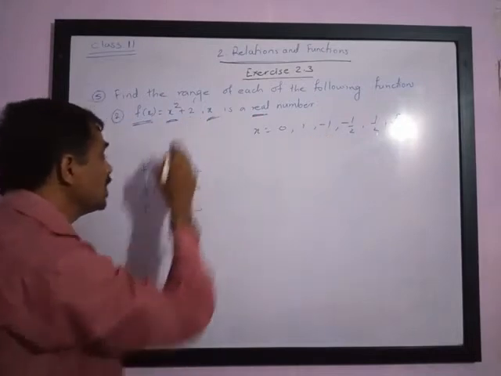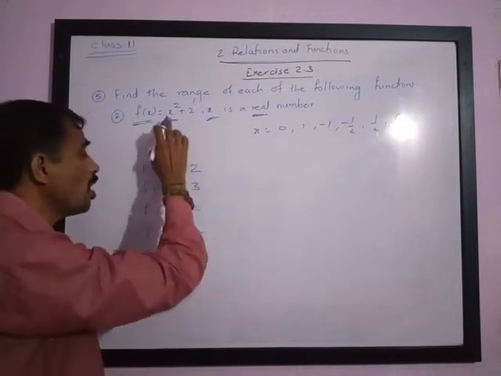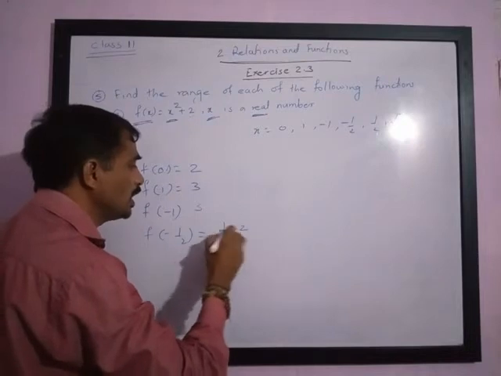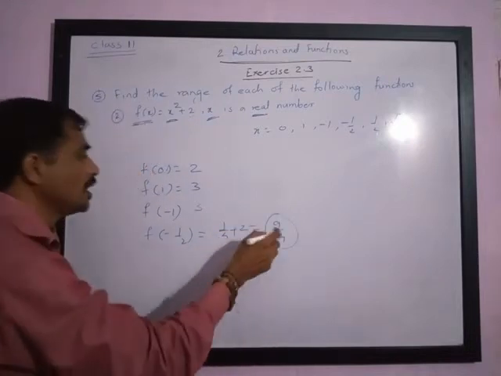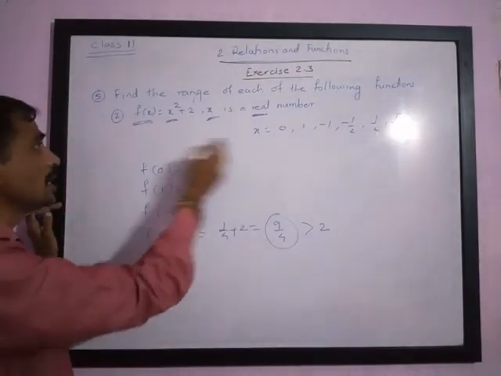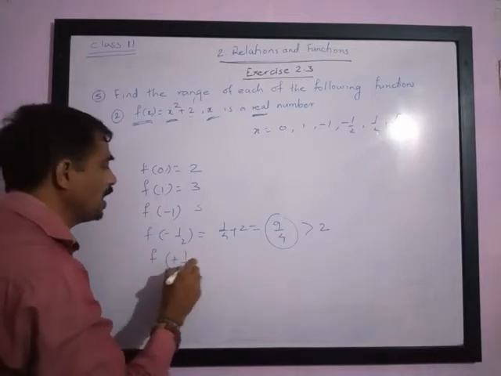If you take minus half, f of minus half will be, square of this is 1 upon 4. We will get 1 upon 4 plus 2, that is equal to 9 upon 4. Try to understand, this is greater than 2. Now next, x is positive half.